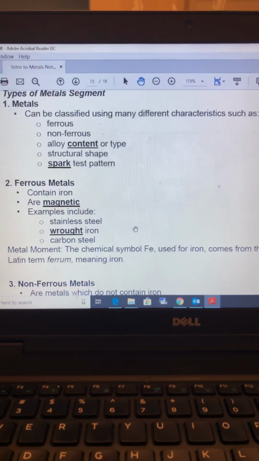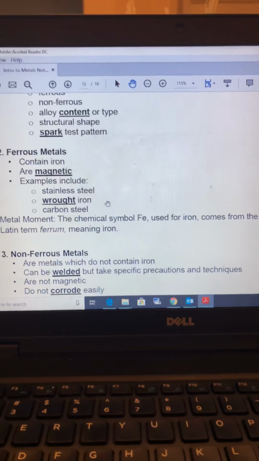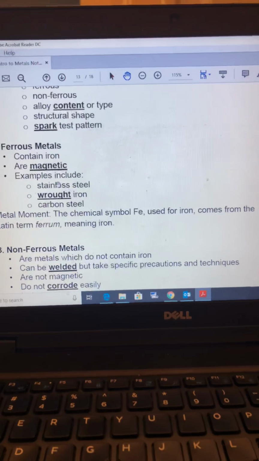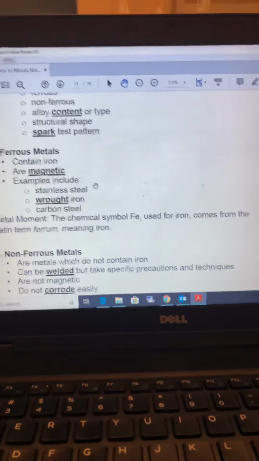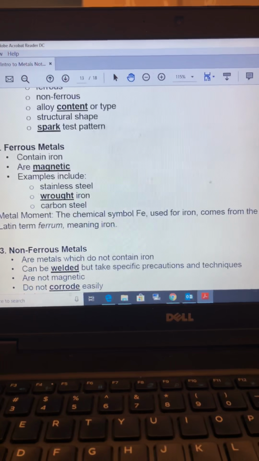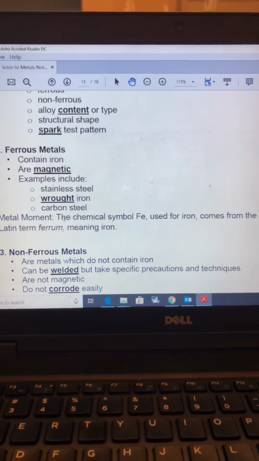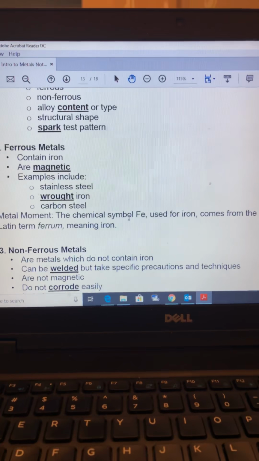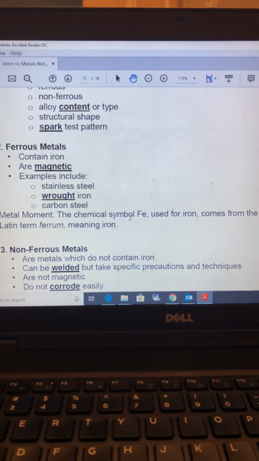One thing I want to make sure you are aware of is ferrous metals and non-ferrous metals. Going back to chemistry, the chemical symbol for iron is Fe, right? So a ferrous metal includes iron.